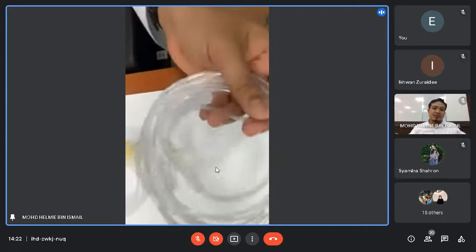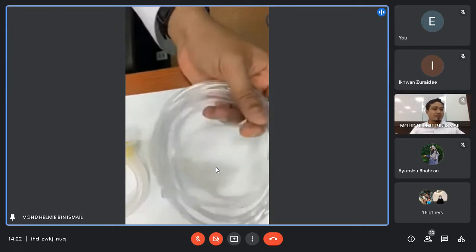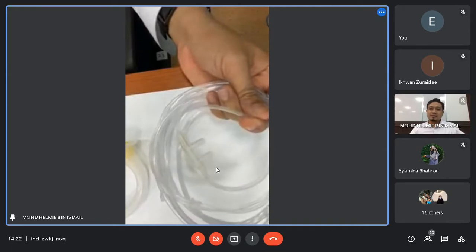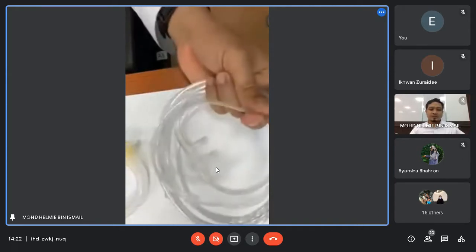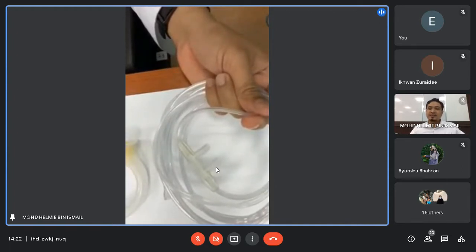So every 1 liter you can increase 3 to 4%. So maximum you can give is 6 liter through nasal prong. So 6 liter darab dengan 3, 18%, right? 6 liter times 3 to 4. Times 3 is 18.